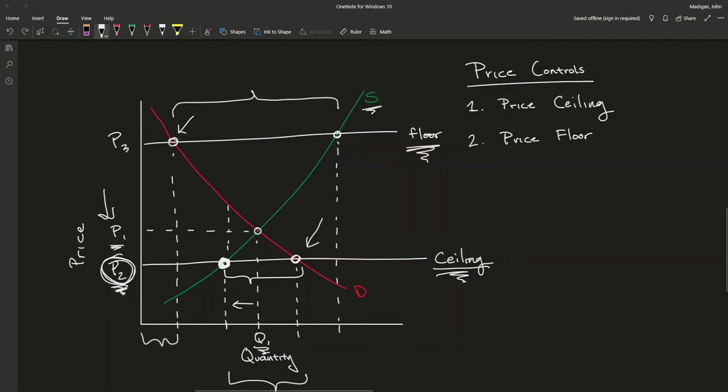So all this stuff goes to waste, and only this amount over here gets bought because people just can't afford it. So all of that is waste, and that is what we call inefficiency again.